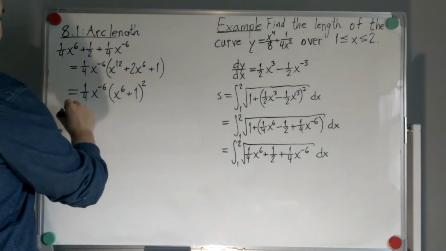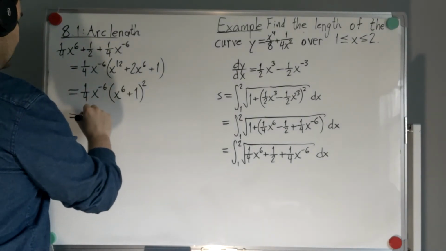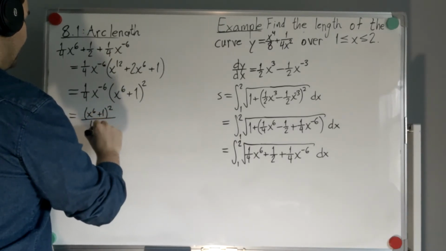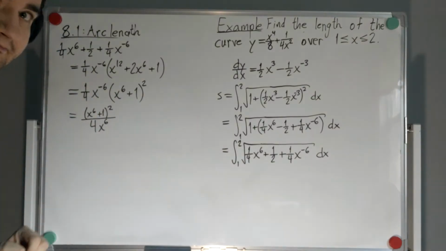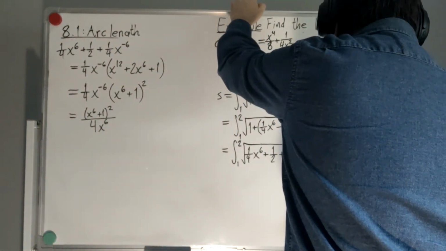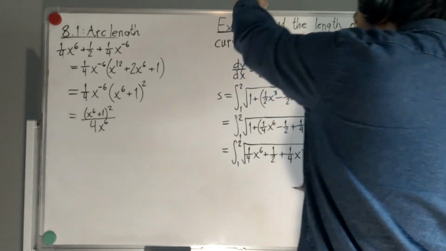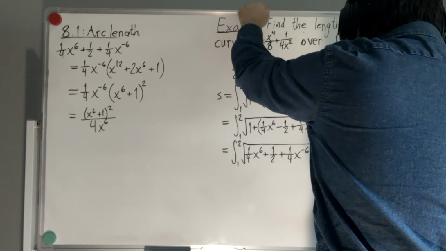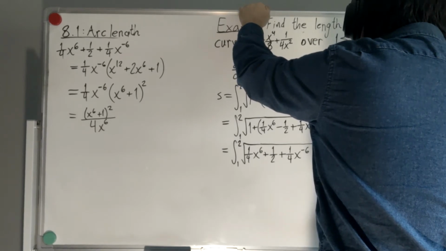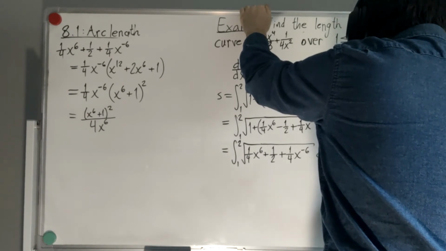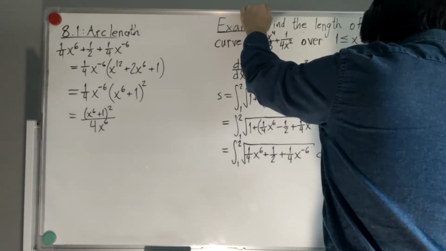And then let me just point out that this is the same thing as x to the 6th plus 1 squared divided by 4x to the 6th. So what we're actually dealing with here is the integral from 1 to 2 of square root of x to the 6th plus 1 squared divided by 4x to the 6th dx.